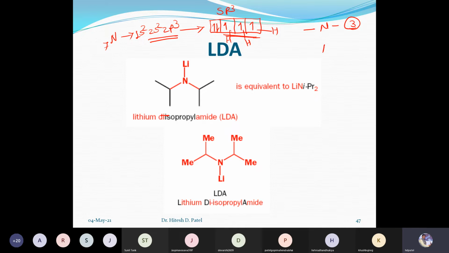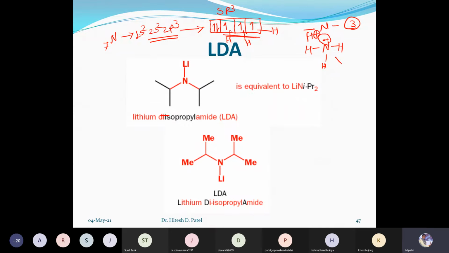But as per the orbitals, one more orbital is available, and how many electrons does it have? 2 electrons. So nitrogen can form one more bond, but in that bond the sharing of electrons is from nitrogen only.